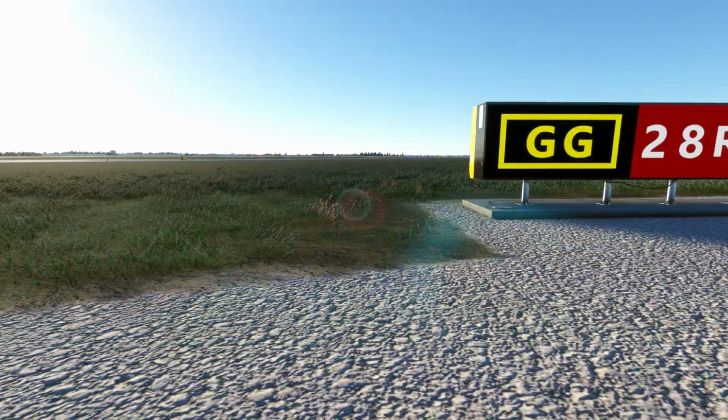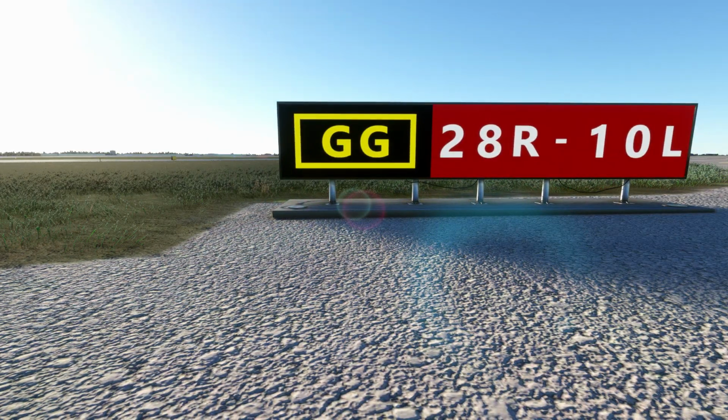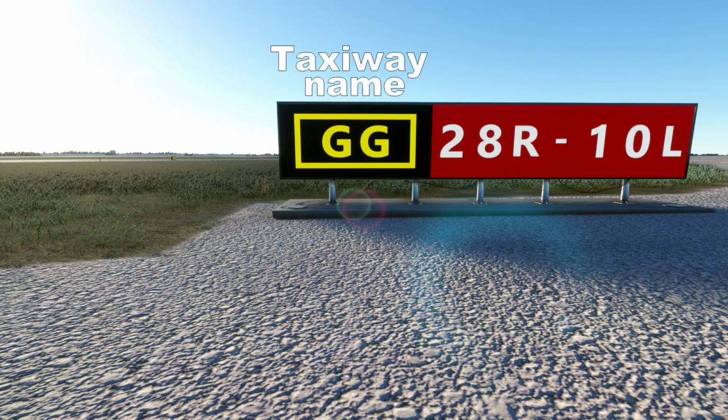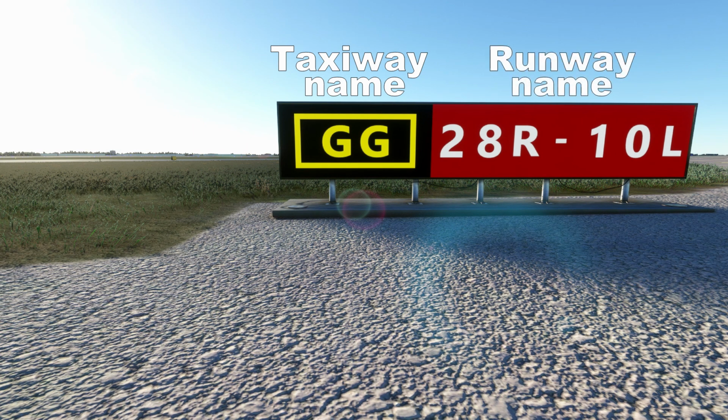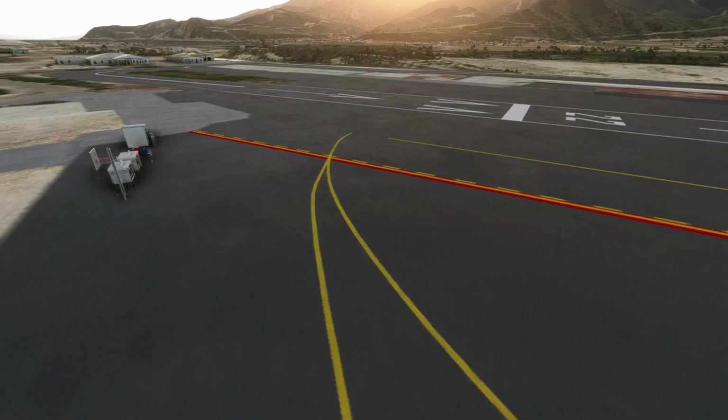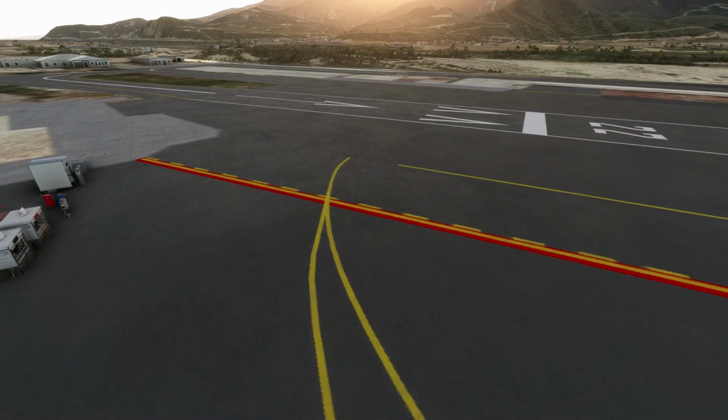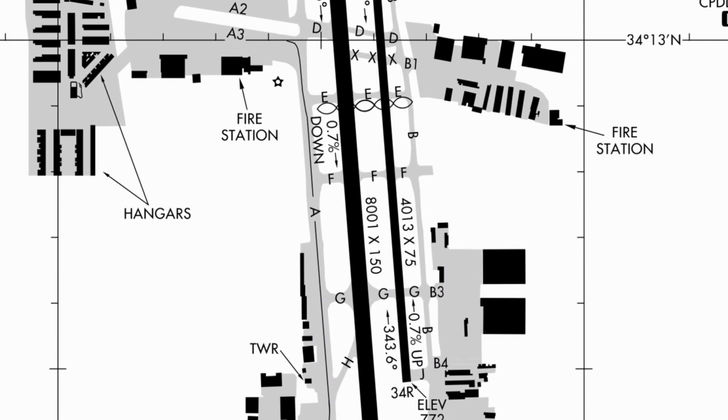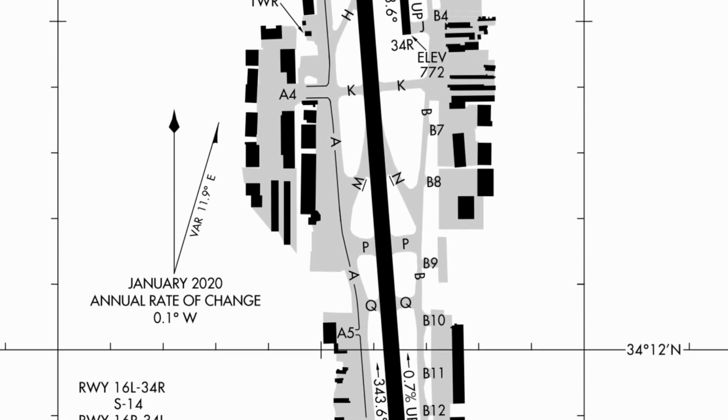Additionally, there can be signs that have the runway designation like this. Unlike runways, taxiways typically lack ground designations, and their designations are only found on signs that are located around the airfield like these. At smaller airports, the taxiways may have no written designations whatsoever, and the pilot must rely on the airport chart to determine the name designations like this.